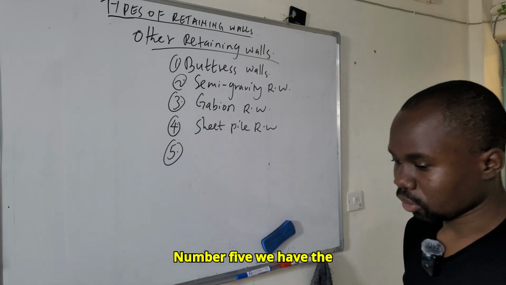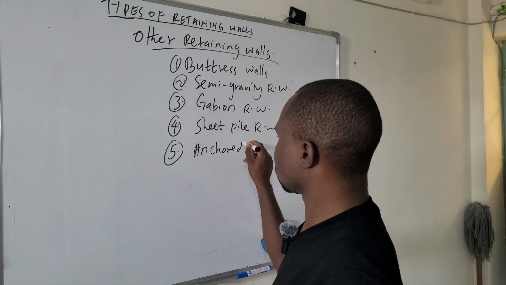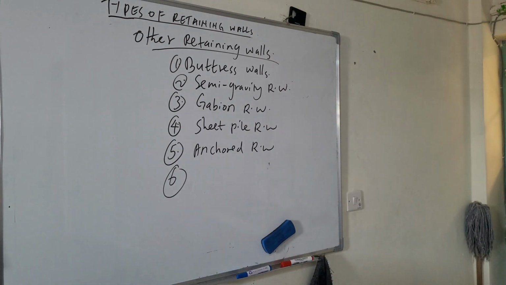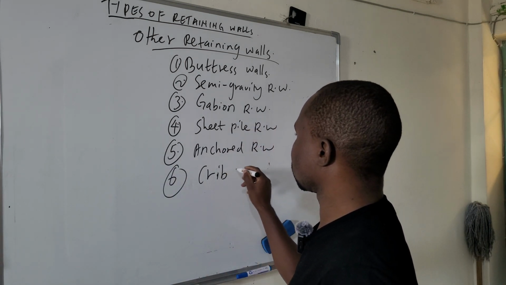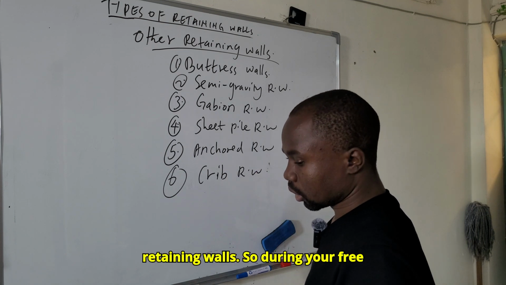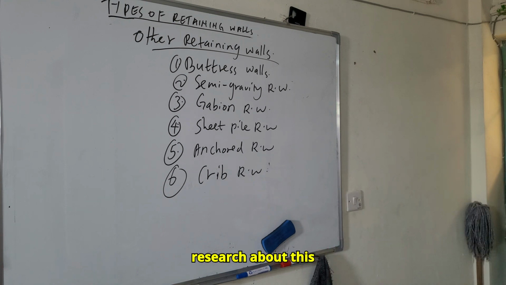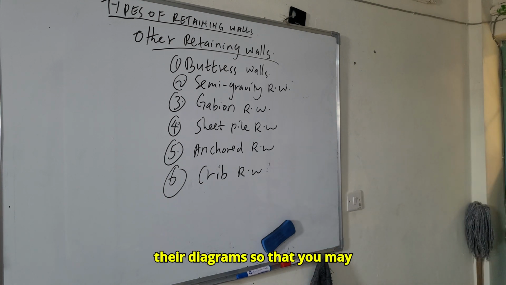Number 5, anchored, and the last one is crib retaining walls. So in your free time, you can do more research about this, and you can also sketch their diagrams so that you may be able to differentiate them from others.